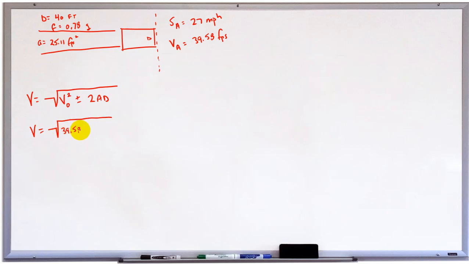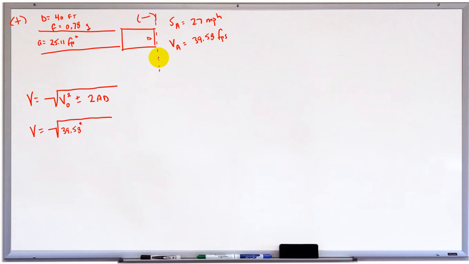39.58 squared. Now, where people get hung up a little bit when using this formula is, do I add or do I subtract? So what we need to do here is just listen to the car, listen to the story that the car is telling us, and it's going to tell us whether we need to add or subtract. So the way I do this is, if he is skidding or he is slowing, his speed should be greater on this side of the problem than it is over here.